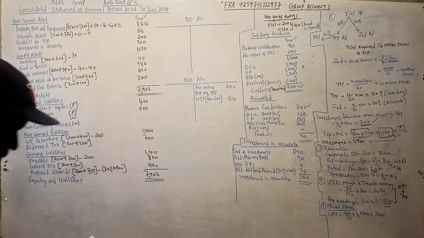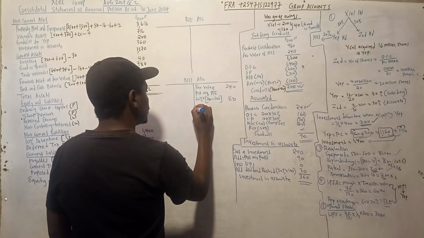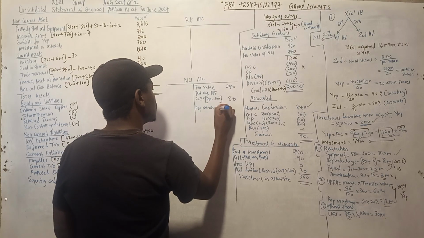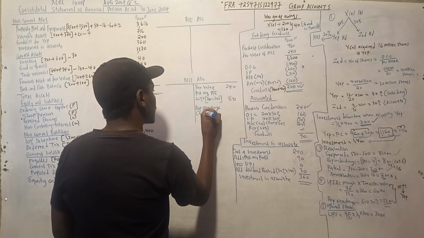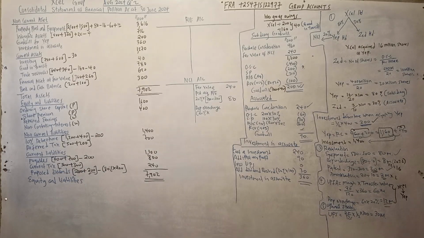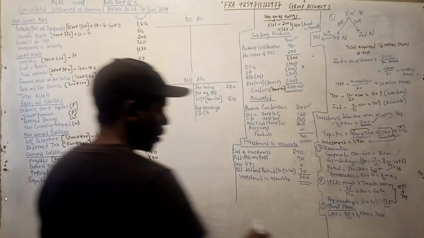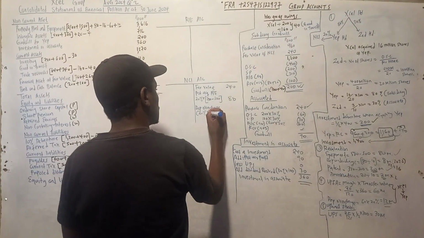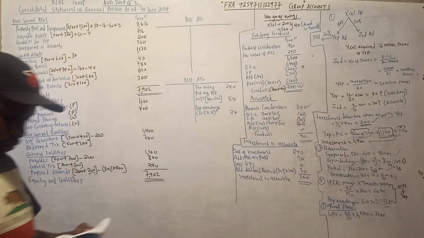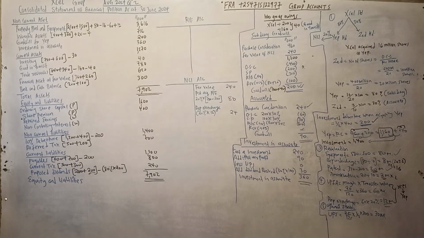Then depreciation overcharge. The share of the NCI is 20%. So depreciation overcharge was 12. We have it here of 12. This one is 2.4.